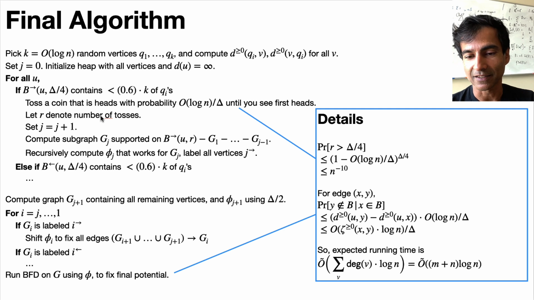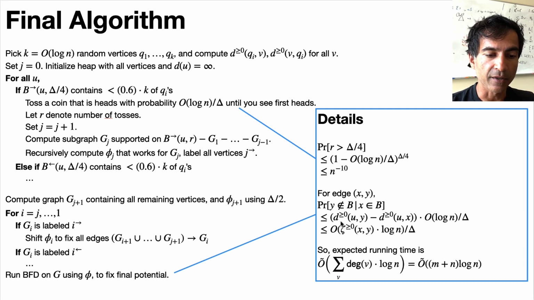So the radius has just covered x. And now we're worried about the event that we'll see a heads before y is also covered. But the probability of that event can be bounded by this formula, very similar to the analysis we saw before, because the y belongs to a ball of just slightly bigger radius. Okay, so just by the union bound, you get an upper bound of this type on the probability that y is not in the ball, given that x is not in the ball.